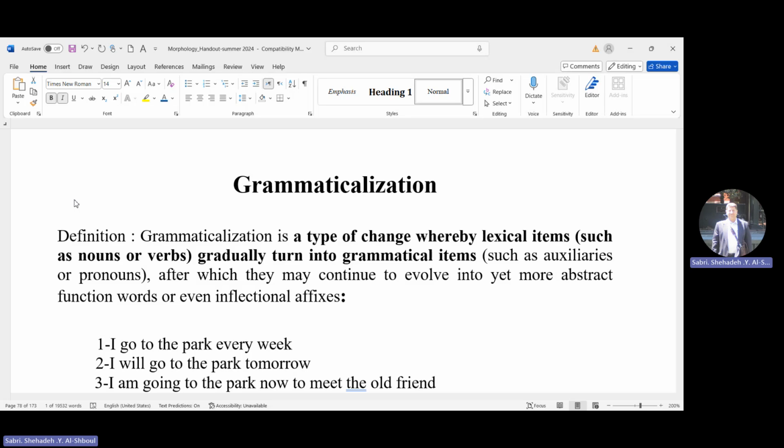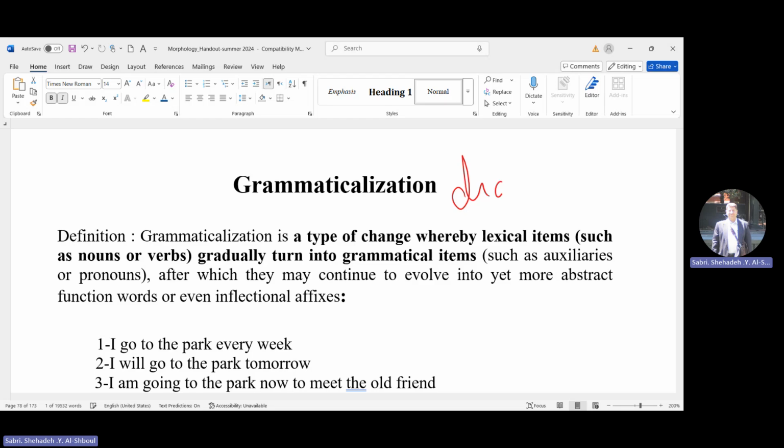Also, we talked about the processes, whether diachronic or synchronic, that are determined by the structure of the lexicon. Today, we are going to proceed with the lexicon structure and other dimensions, which are called the diachronic dimensions.